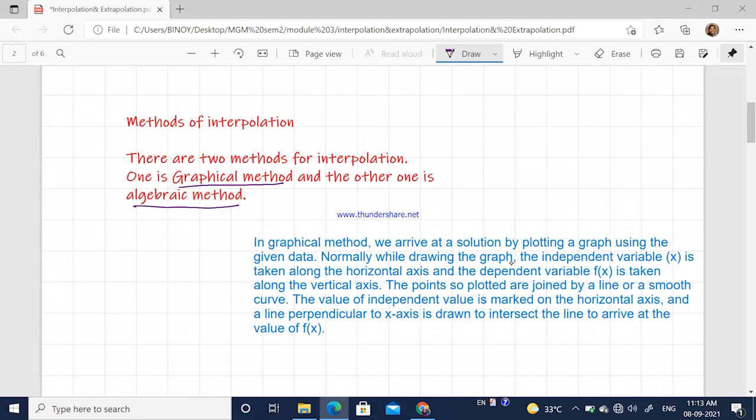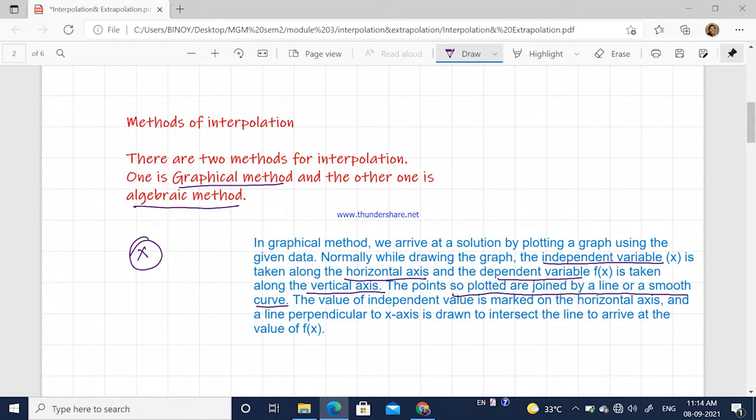The independent variable x is always taken along the horizontal axis and the dependent variable along the vertical axis. These are the two main things to keep in mind. The points so plotted are joined by a line or a smooth curve, depending upon the values.